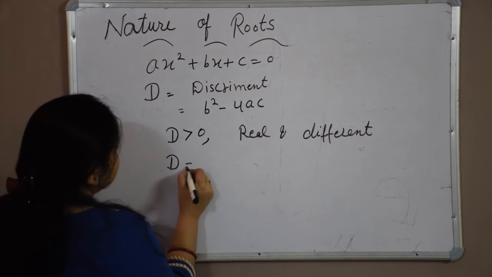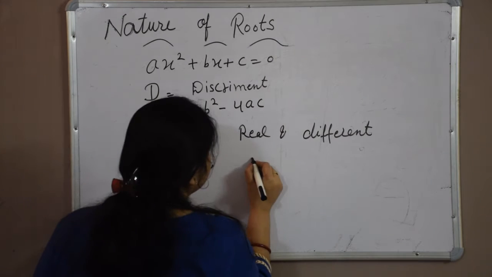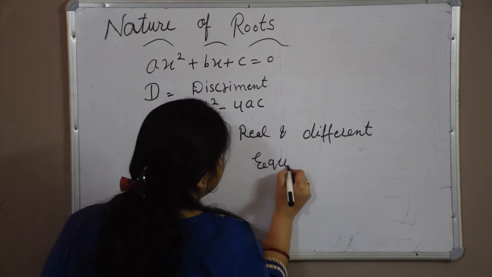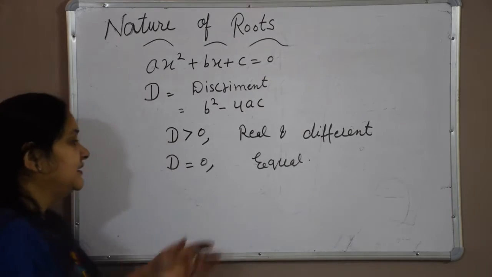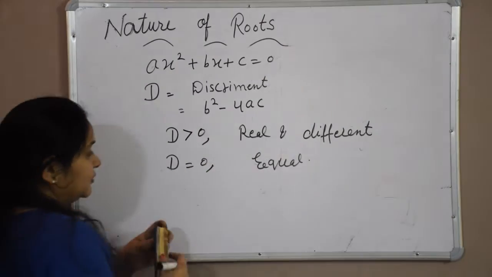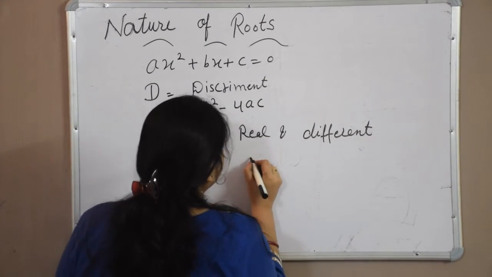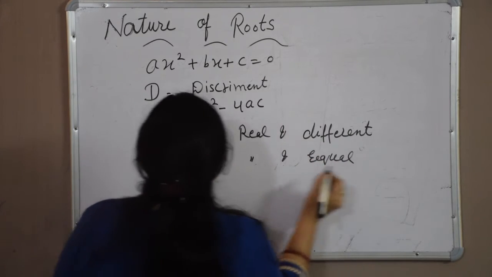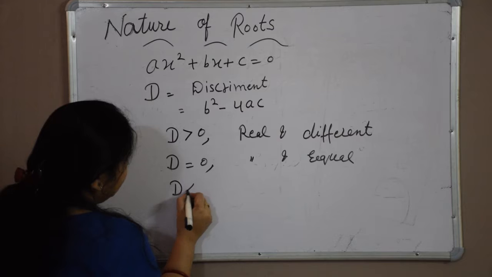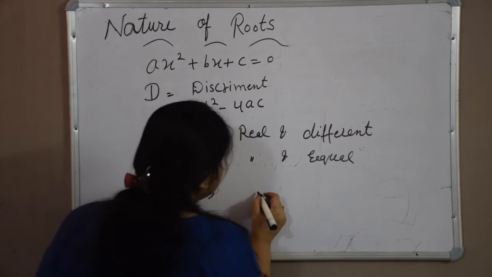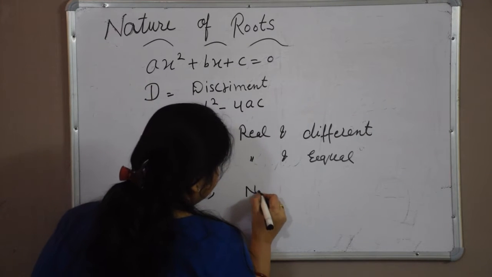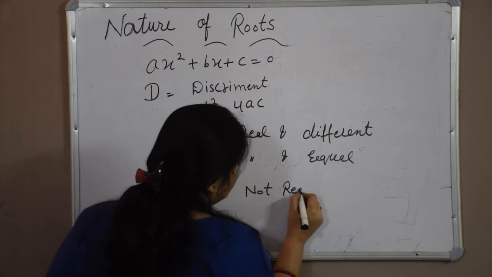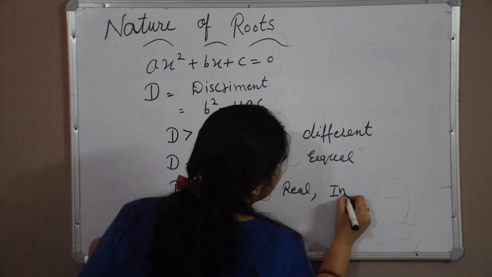Secondly, if D is equal to 0, roots are equal, definitely they are real, but real and equal. I will write they are real and equal. And third one is if D is less than 0, roots are not real, they are imaginary.